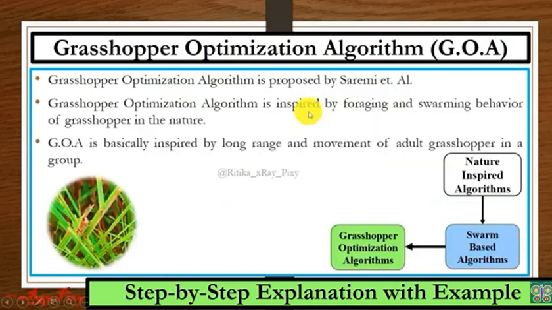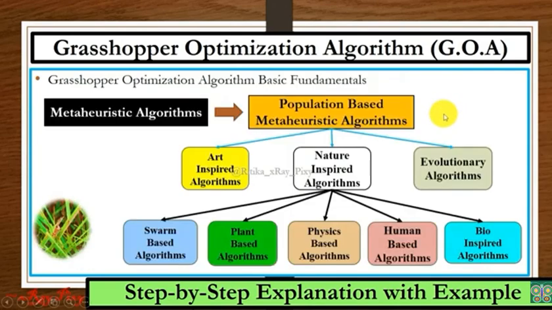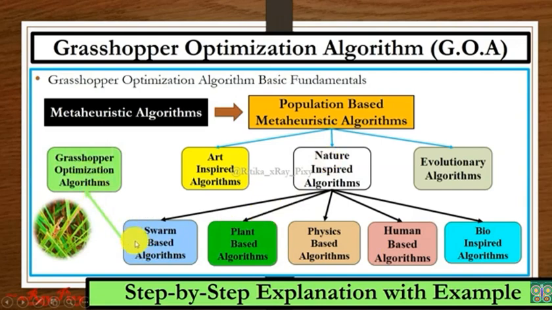As here we are talking about the swarm, this is a population based metaheuristic algorithm inspired by nature. In nature again we have different types, so here we have swarm. So this is a nature inspired metaheuristic algorithm.